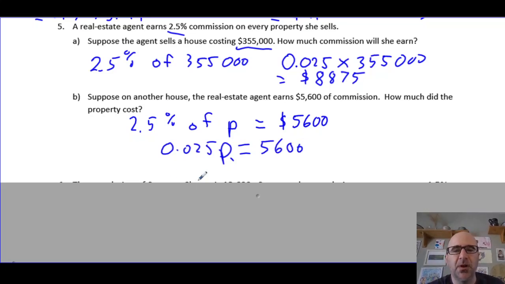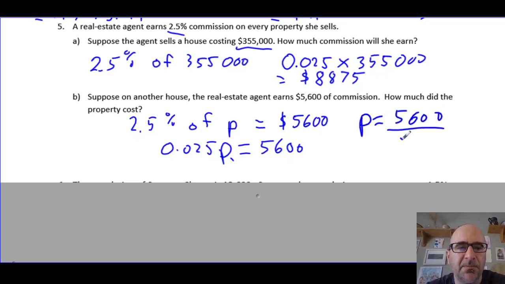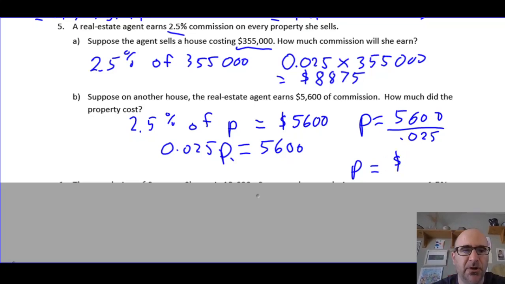And now we just have a simple one-step equation. Divide both sides of the equation by 0.025, and you'll get P is equal to 5,600 divided by 0.025, which gives us $224,000.